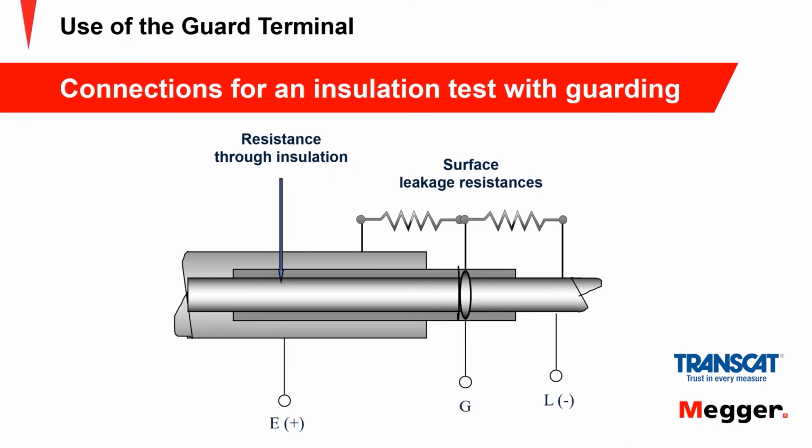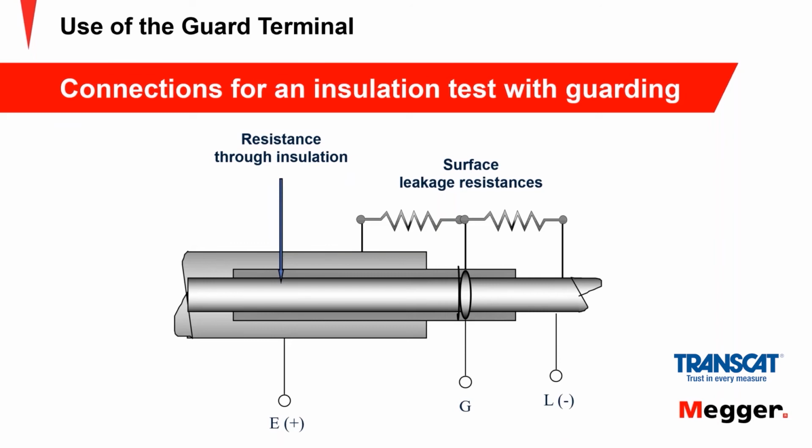So here would be an example of a fundamental application of a guard terminal. Here you're at a cable termination. Your two alligator clips, plus and minus, are pulling current through the insulation, and they're also pulling current across the surface of the insulation. You take a bare copper conductor, wrap it around, and run that back to the guard terminal.